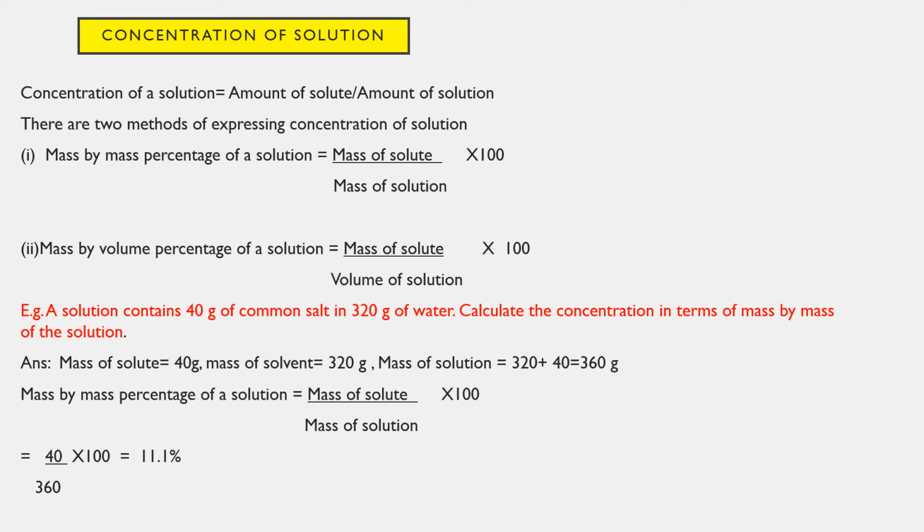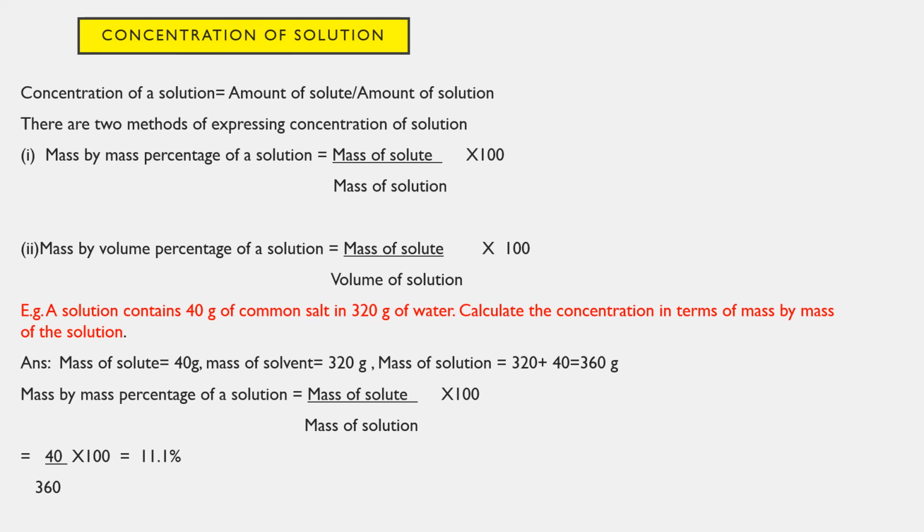The first one is by calculating mass by mass percentage of solution. In this, you have to use the formula mass of the solute divided by mass of the solution into 100. If it is mass by volume percentage of a solution, then you have to use the formula mass of the solute divided by volume of solution into 100.